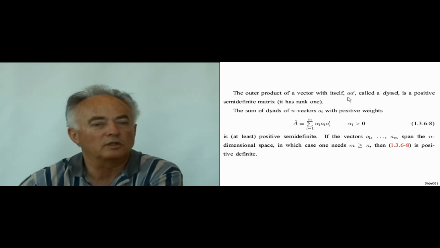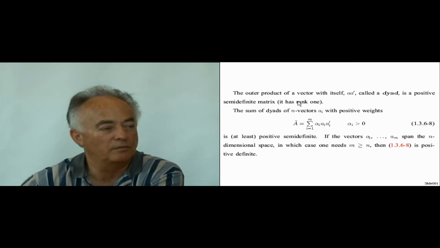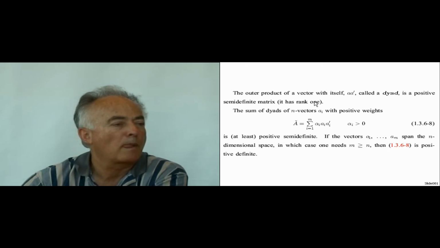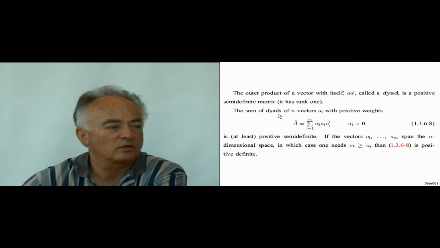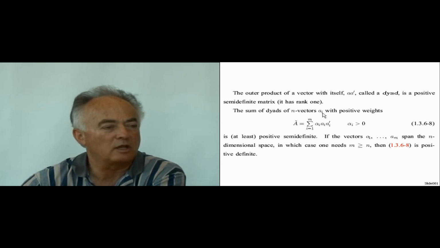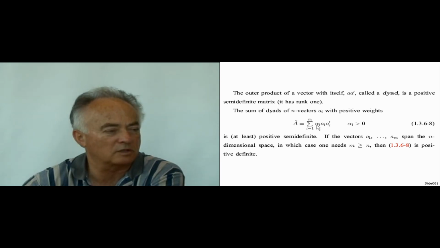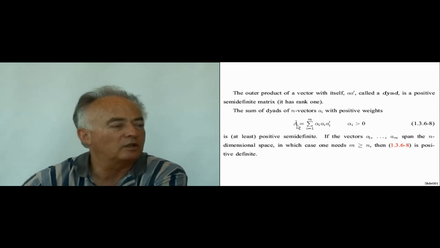It has rank 1 and all its other eigenvalues are 0. Now, the sum of dyads of vectors a_i, each is an n-vector, with positive weights alpha_i. So the sum of alpha_i a_i a_i transpose, this is a dyad multiplied by positive scalars. That's A tilde. That's a matrix that is at least positive semi-definite.